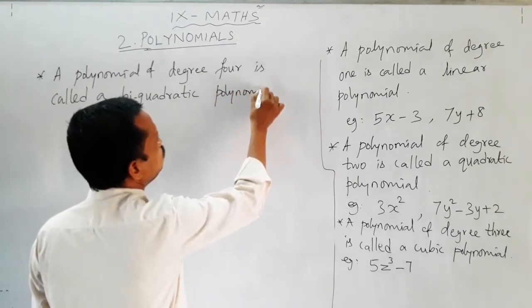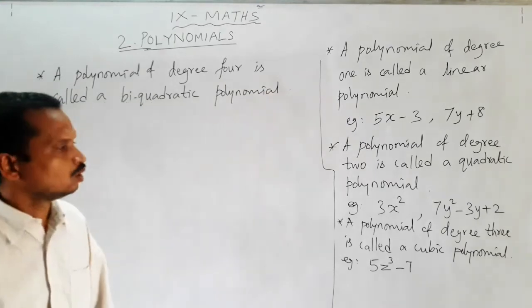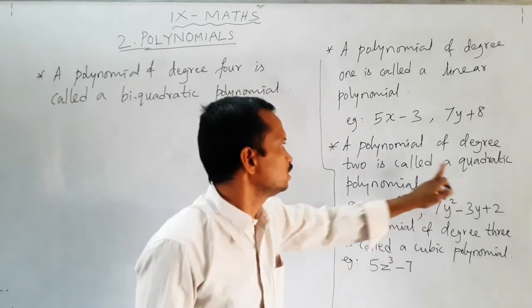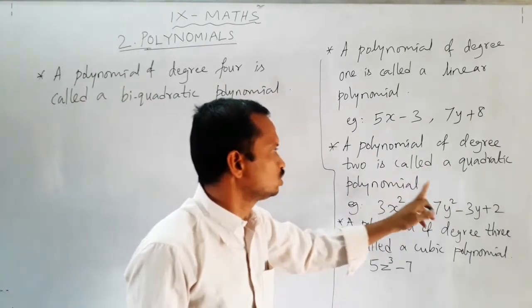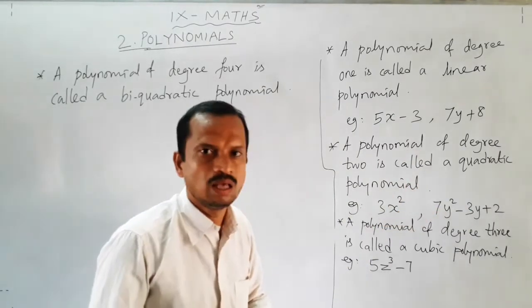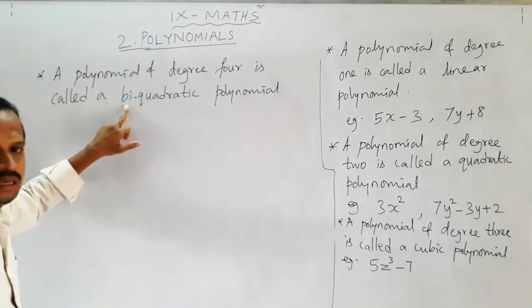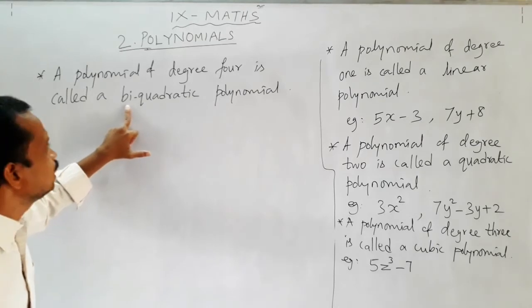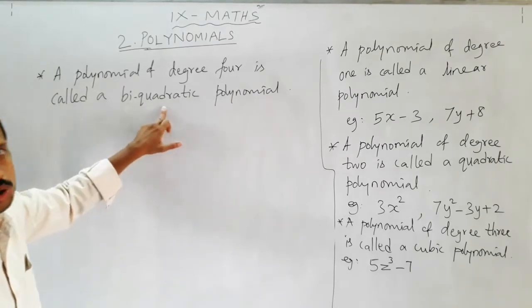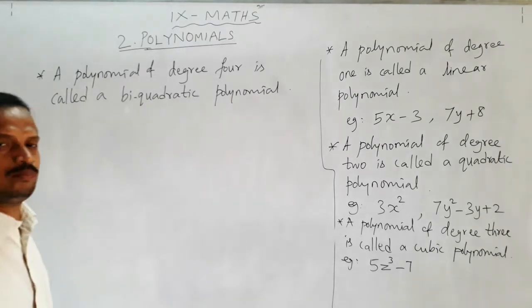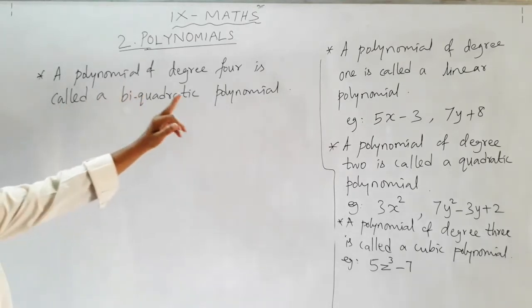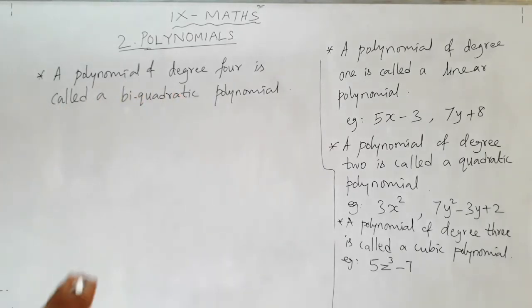So bi means 2. Quadratic means 2. A polynomial of degree 2 is called a quadratic polynomial, and bi is added with the word quadratic. Therefore 2 here, 1, 2, totally 4. So a polynomial of degree 4 is called a biquadratic polynomial.